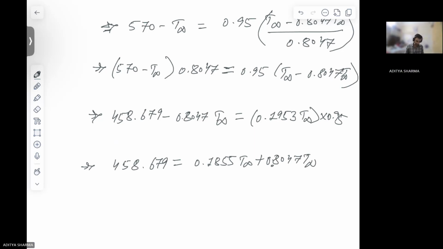Implies T infinity, now if we calculate T infinity, please calculate T infinity.